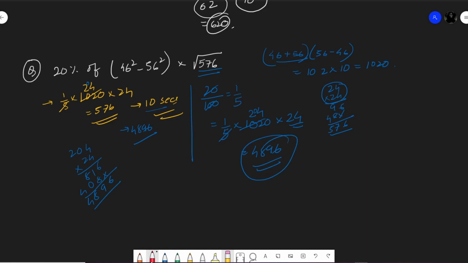So these are some of the basic rules or techniques you can use while doing sums, right?